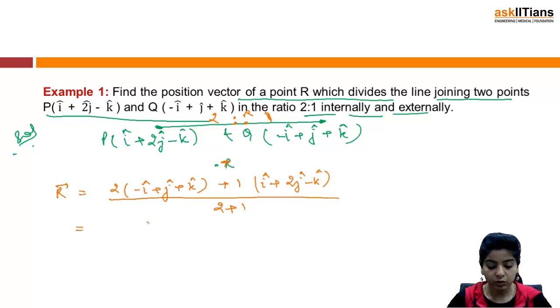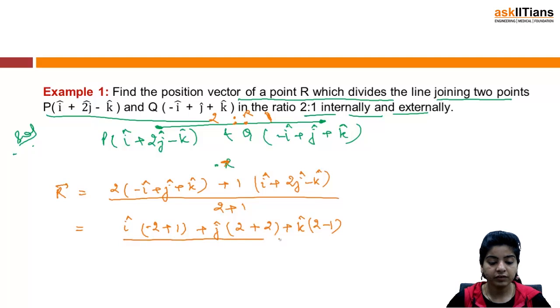So this will be equal to, for i: minus 2 plus 1, then for j: 2 plus 2, then for k: 2 minus 1, divided by 3. So this becomes (minus i plus 4j plus k) divided by 3.